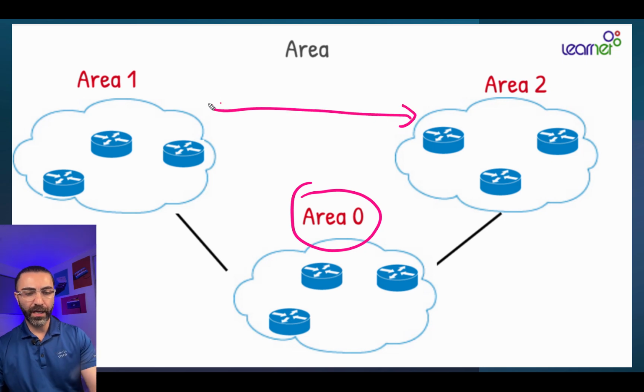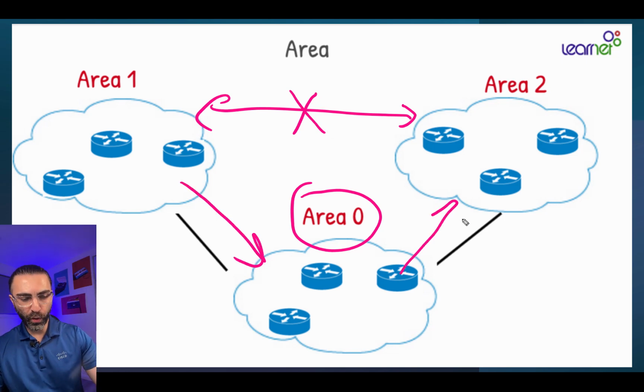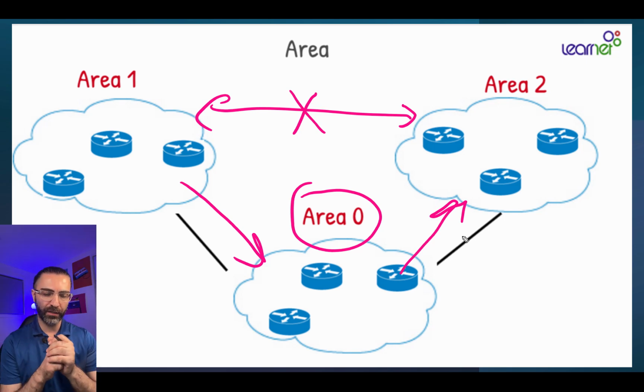I mean, area 1 and area 2 in this scenario cannot talk to each other directly and have to advertise their networks and all of those things through the backbone area. So the backbone area is a kind of master or replicator between the messages.